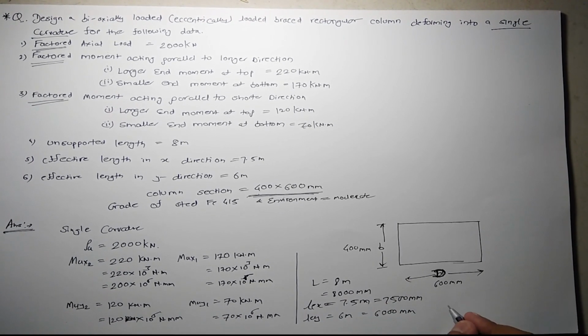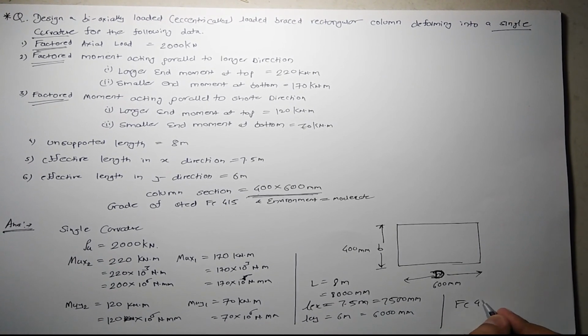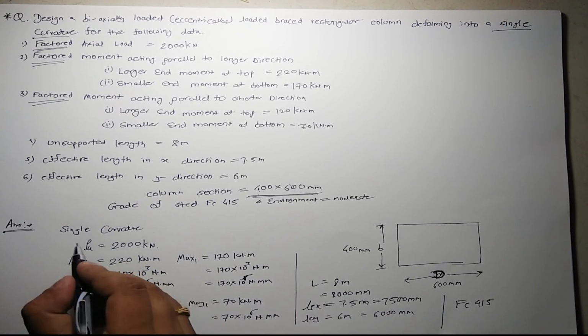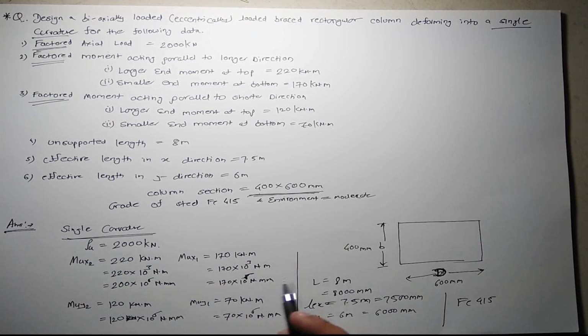The grade of steel is Fe415. So for the single curvature, this is the given data we have assumed.